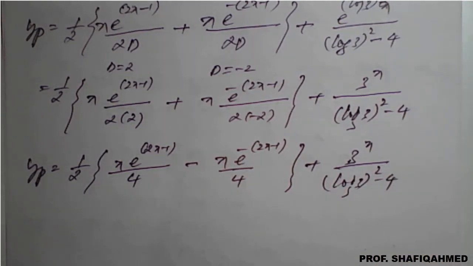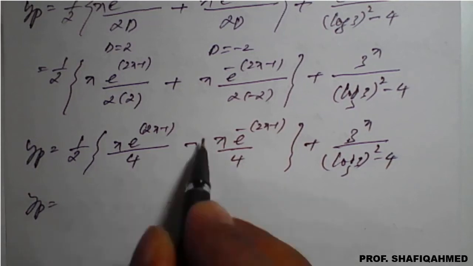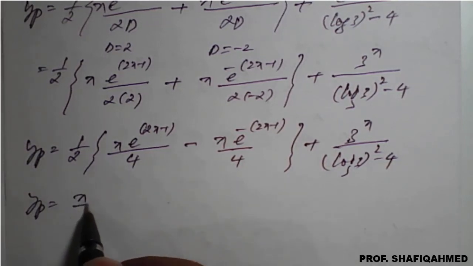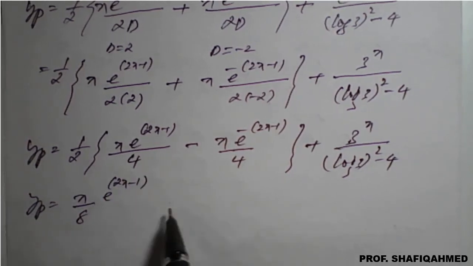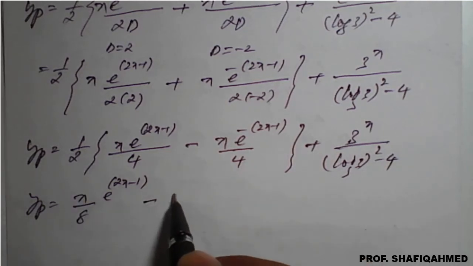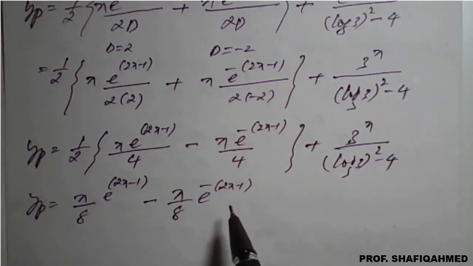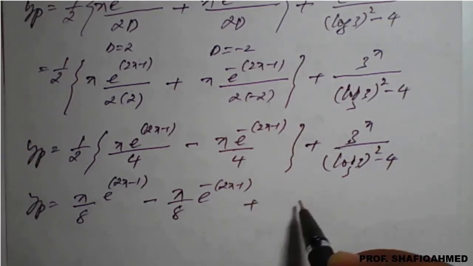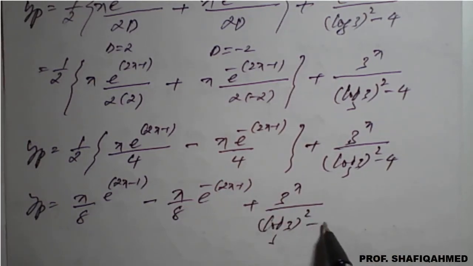On final conclusion, because you have to multiply this 1 by 2 to the bracket, our final yp will be x upon 8 e raised to 2x minus 1, minus 1 by 2 into this again, x upon 8 e raised to minus 2x minus 1, plus 3 raised to x divided by log of 3 whole square minus 4.